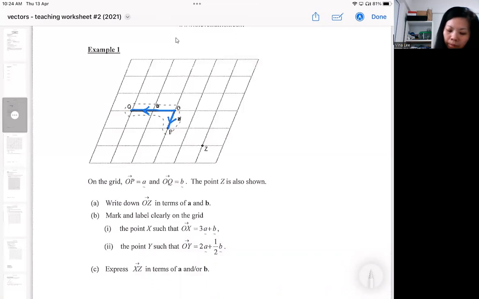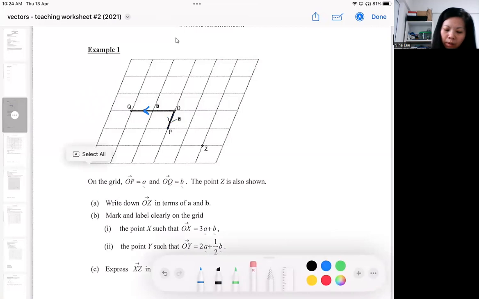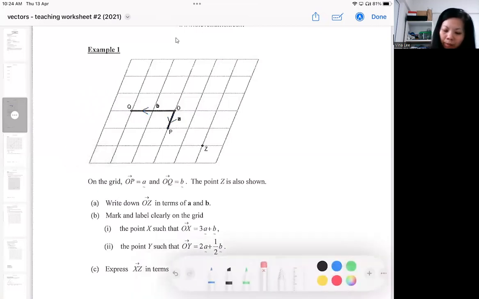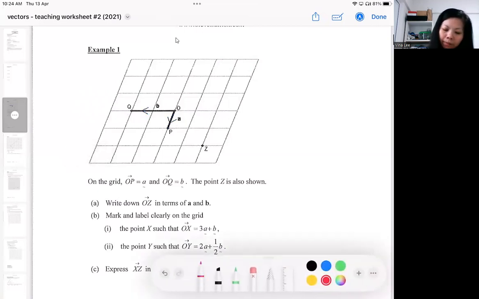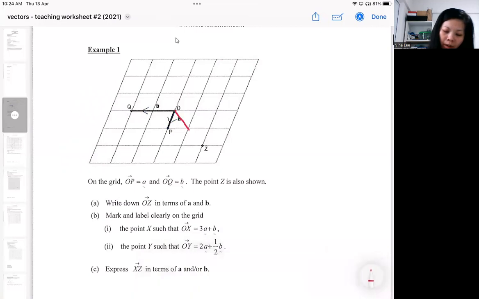So, make use of the two given vectors, and then we are supposed to express OZ. Some students will be like, how do I express OZ? Your idea of expressing OZ should be like the addition of position vectors. So OZ should be O something plus something.